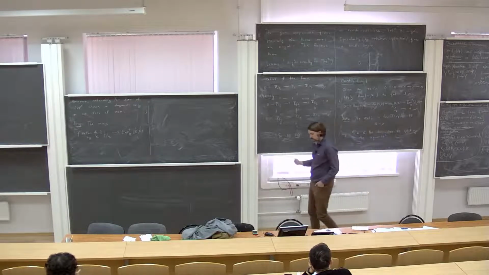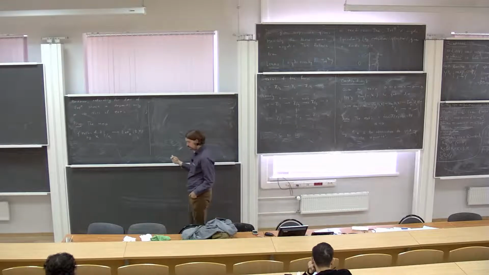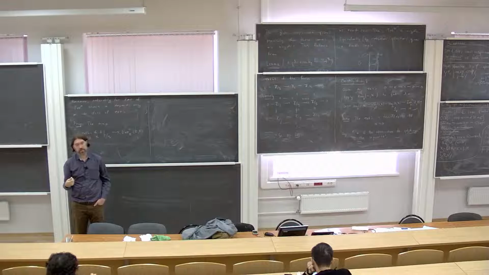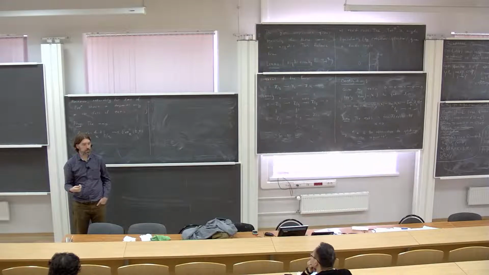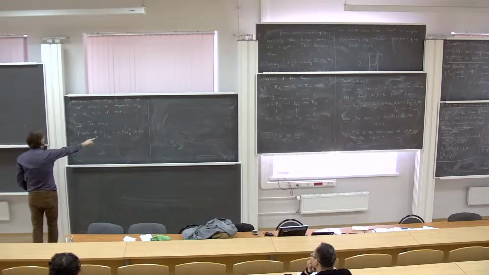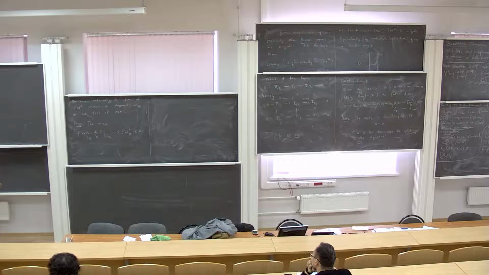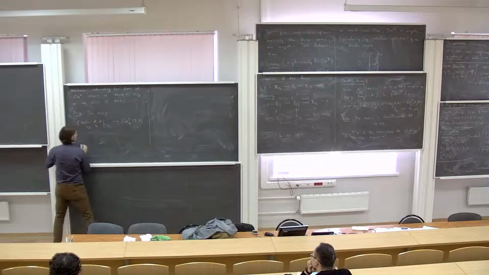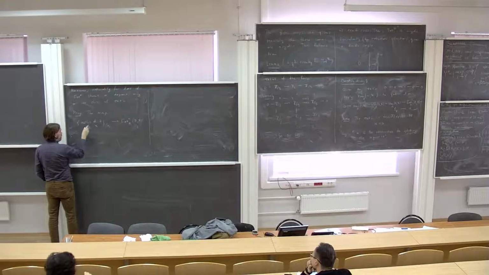If I did it over Z, this would be the obstruction to splitting it as a sequence of abelian groups, which is different. Right? There might be a splitting as abelian groups, but not compatible with the action of R. So there's a well-defined map like this. So this map is an isomorphism.